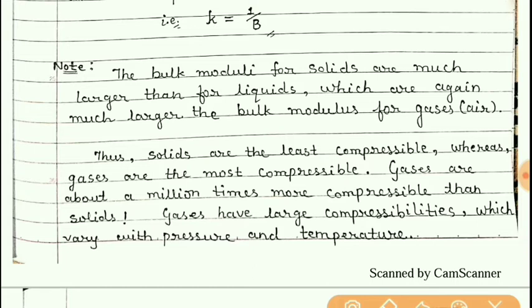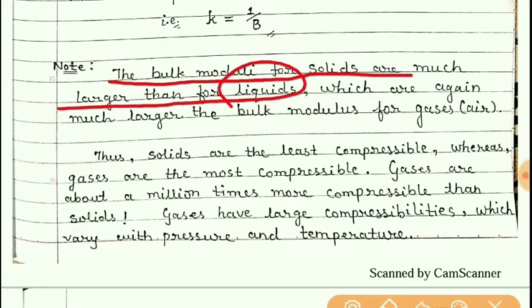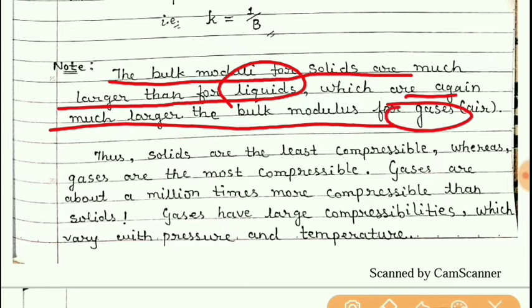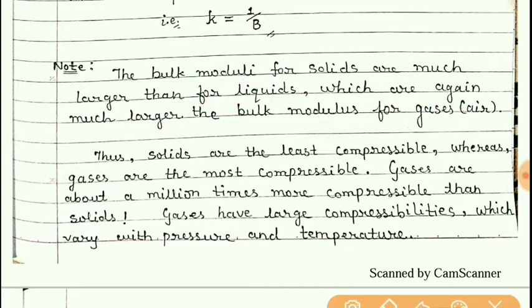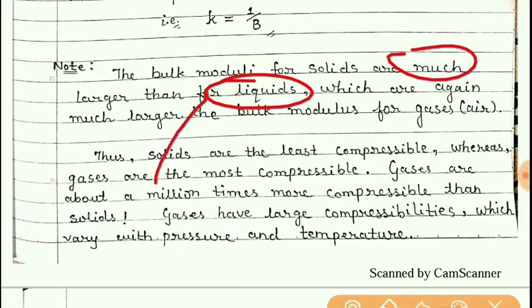Now the bulk moduli of any solid are much larger than that of liquids, which are again much larger than that of gases. Students, solids can be compressed much more than liquids. Liquids are very less compressible.